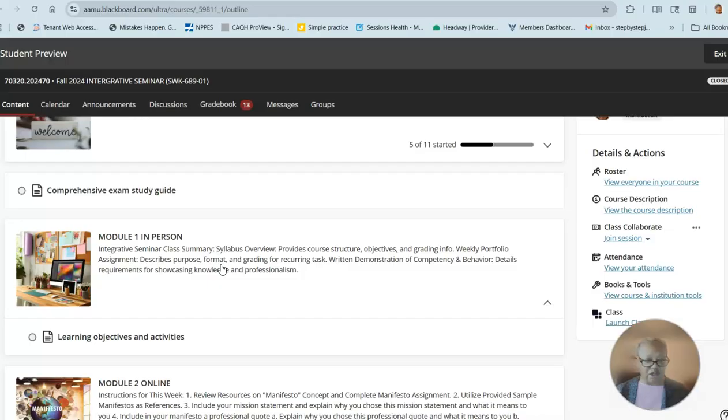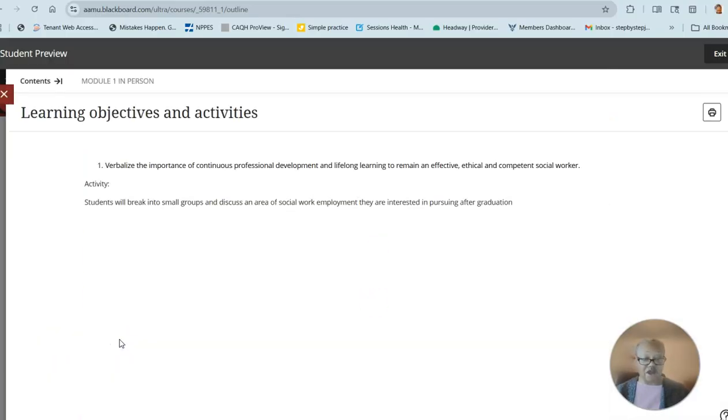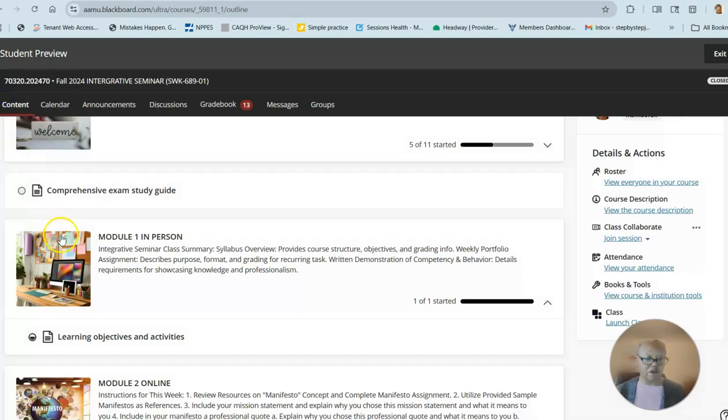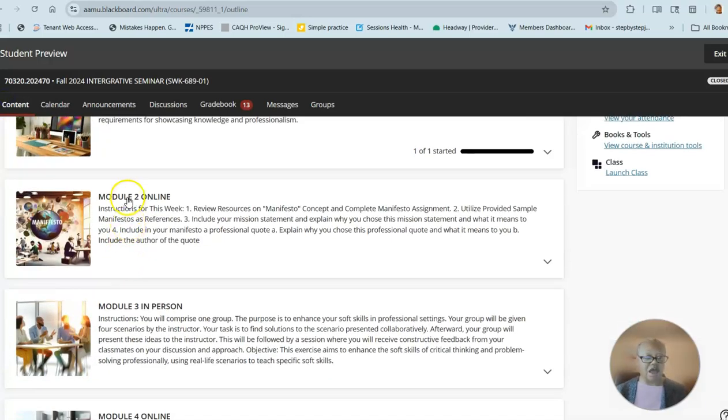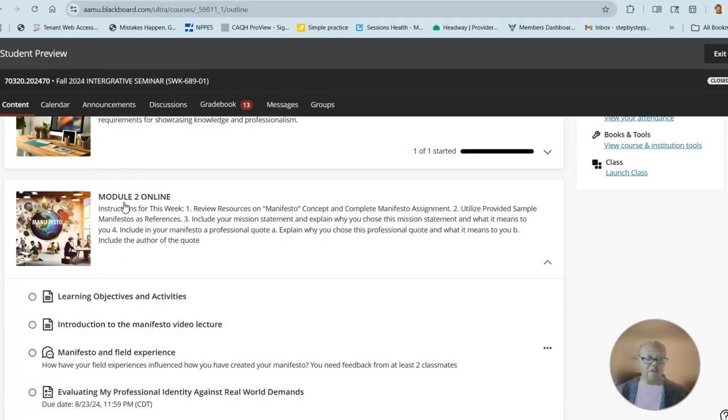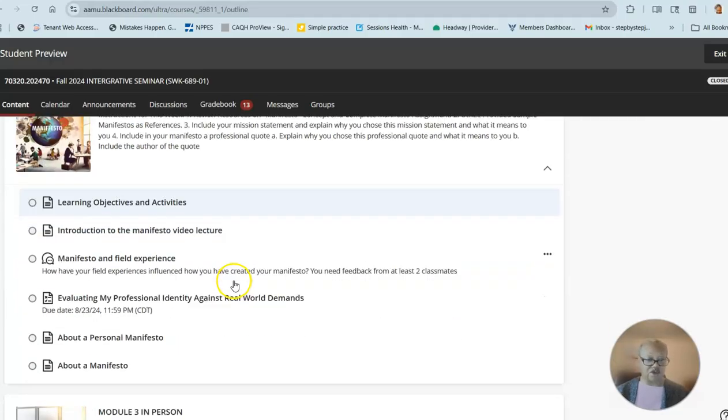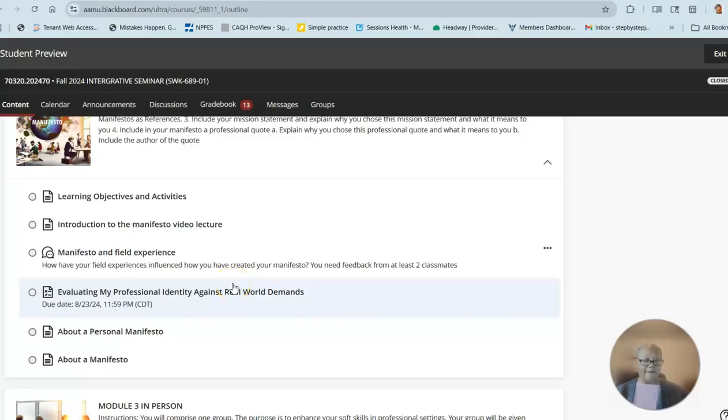explaining the assignments, etc. You can look at what the learning objectives are for this week. What is it that we're going to focus on, and how are we going to implement the learning objectives? So that's in person. Online, you'll have more in detail assignments in terms of this one, evaluating my personal professional identity.